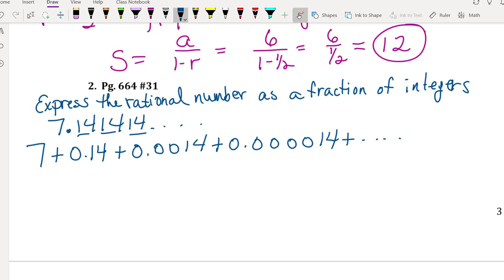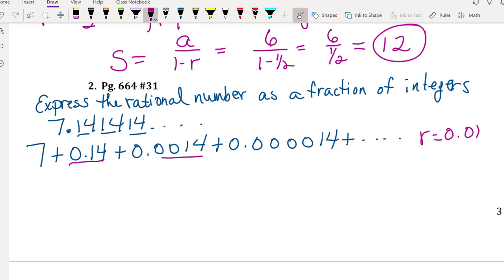And what I can see is every time I go from this part to the next part, I'm multiplying by 1/100, or 0.01. So that's my R.